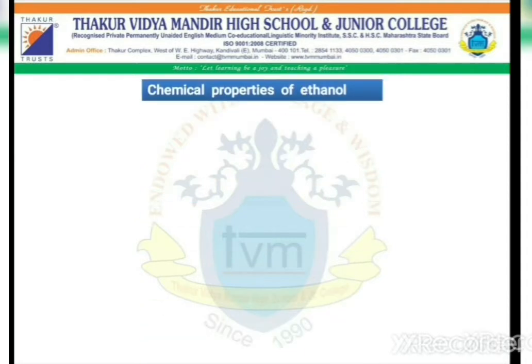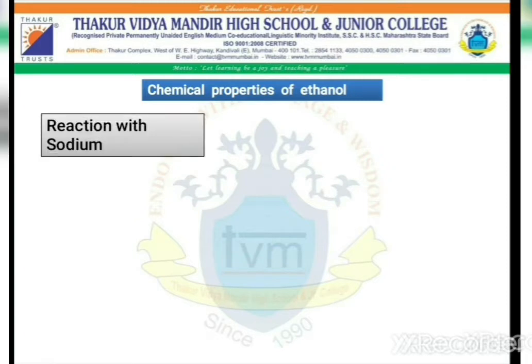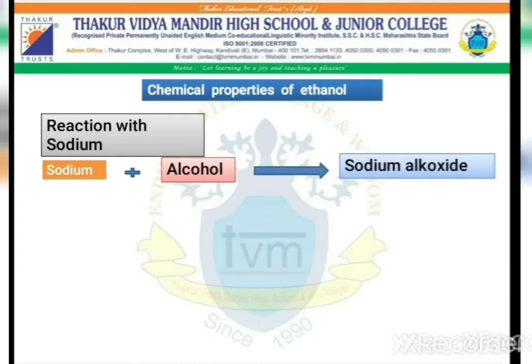Coming on to the chemical properties of ethanol. The first is the reaction of ethanol with sodium. Sodium reacts with ethanol, that is ethyl alcohol, and gives you sodium ethoxide, which is in general called sodium alkoxide, along with hydrogen. Here is an example. Sodium, that is Na, reacts with ethyl alcohol, that is C2H5OH.